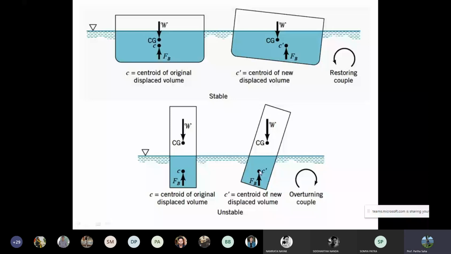It moves further to the right-hand side, and there is an overturning couple acting on it, and this becomes an unstable body. So this is a nice example, two examples. When the body has a large area, this is a stable scenario. But when it is a slender area, though it is floating, it has become unstable.